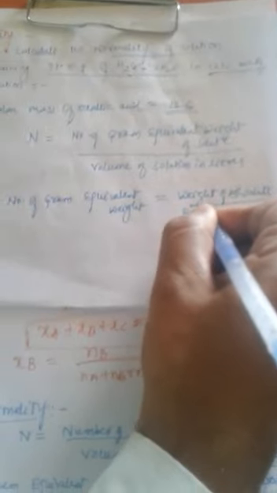Before that, I will calculate the number of gram equivalent weight, which is given by weight of the solute divided by equivalent weight. Which is unknown for you, the new thing for you?